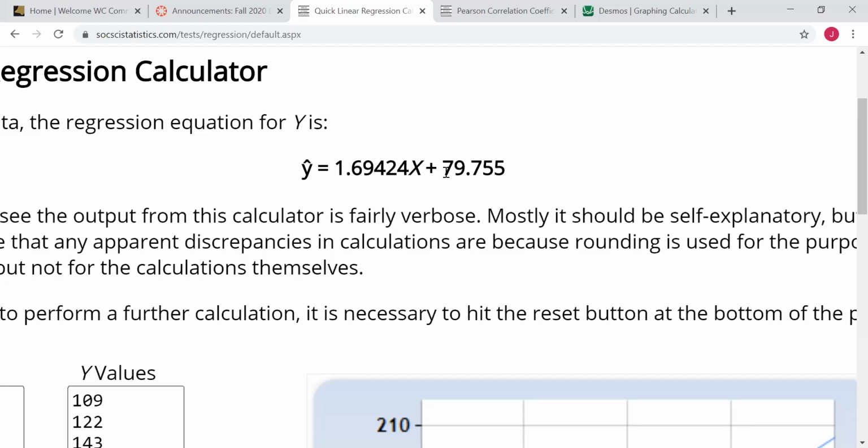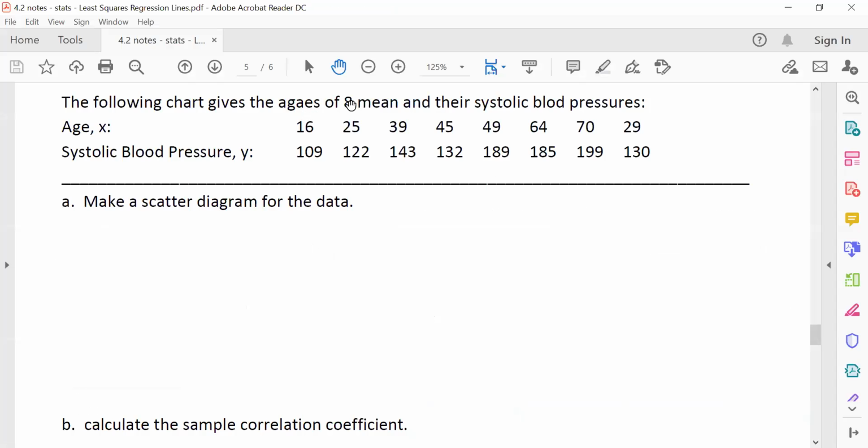But an x value of 0 doesn't make sense in this data, because a 0-year-old, a newborn baby, is just not among the x data here. And it is pretty far outside the range. So the y-intercept is just not going to have a very good interpretation here. That's okay. It just means it doesn't really make a whole lot of sense for us.